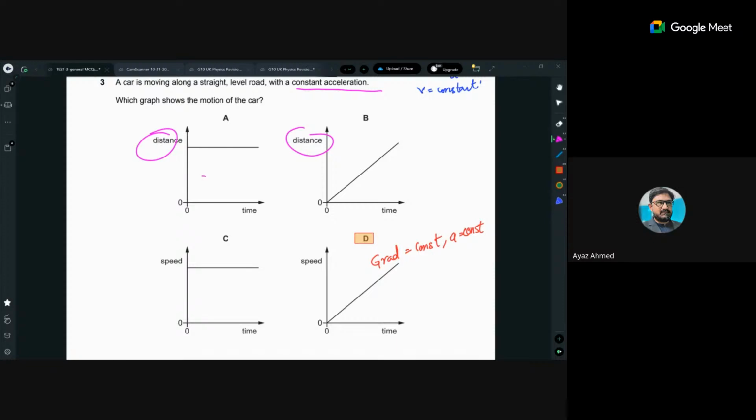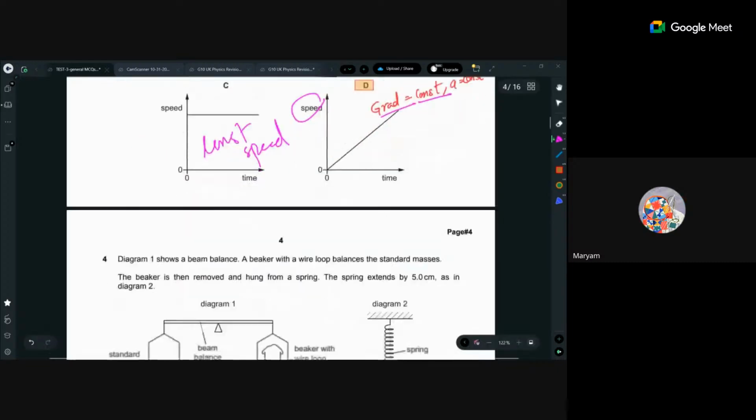So it shows that the body is at rest. It shows that the body moves at constant speed, and again this shows constant speed. Okay, and this shows constant acceleration, because its gradient is constant, and the gradient of a speed-time graph is equal to acceleration. That's why this is the right option. Option B. Yes, sir.